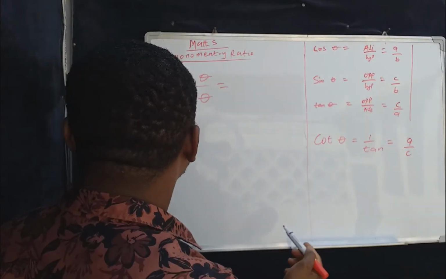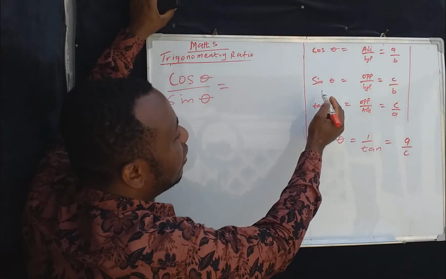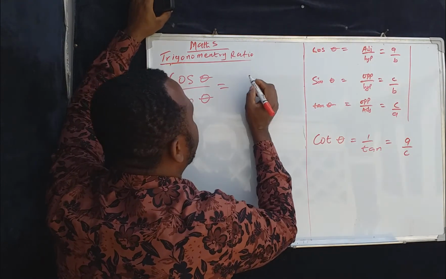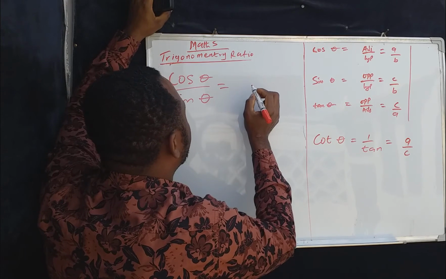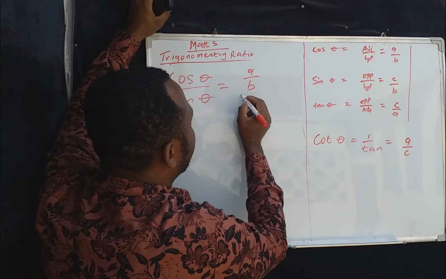Look up. Now, what is cos theta? Cos theta is A over B. And what is sin theta?